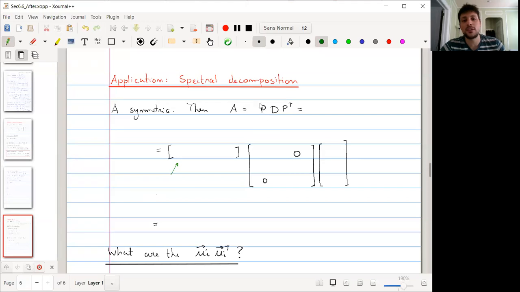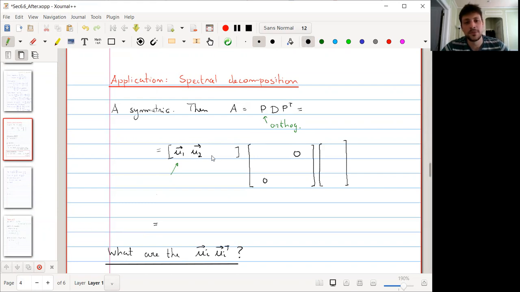So we can write it as PDP transpose, where P is orthogonal. In other words, when we write this down explicitly, we see that the columns of P are going to be given by eigenvectors, U1 through UN, which will be orthonormal.